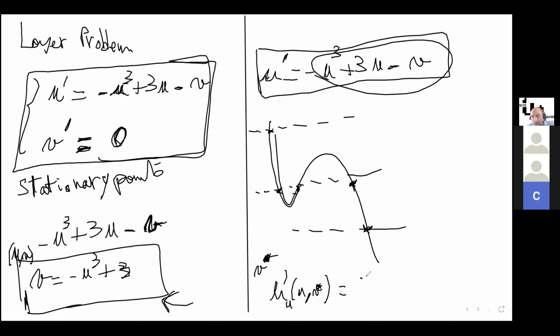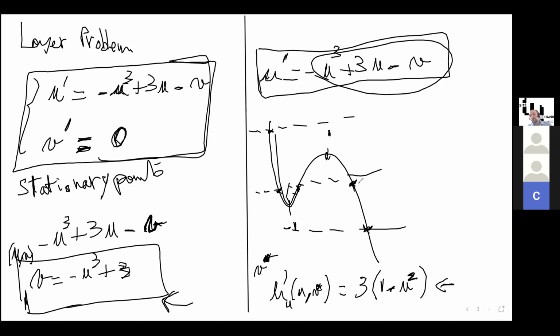I get 3 times 1 minus u star squared. So what do I get? If u is either less than minus 1 or greater than plus 1, the stationary point of this one-dimensional equation is stable, and if it belongs to minus 1, 1, it is unstable.